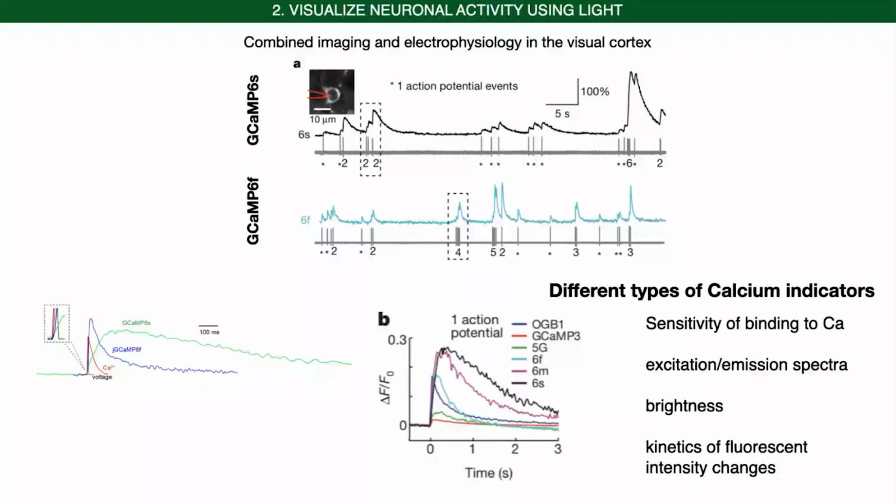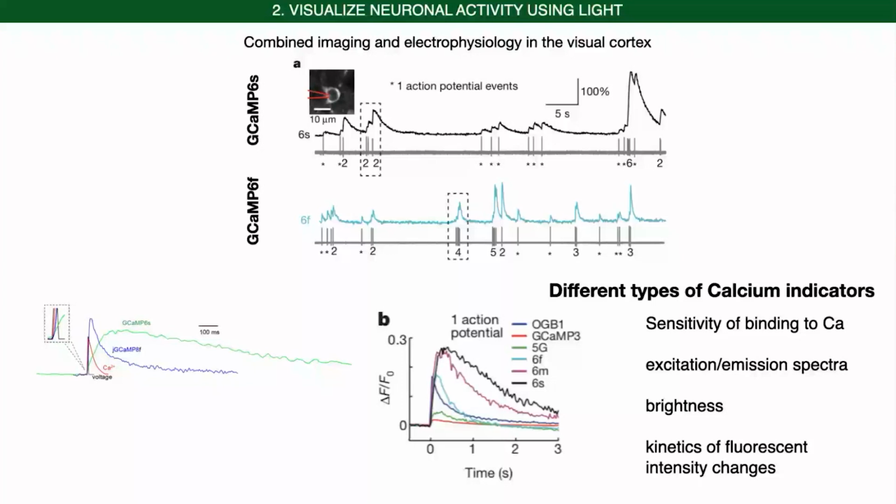So again, this is not a clear response as you can have in the electrical field when you just stick an electrode into the brain. But what you can have is a proxy of neuronal activity. And here you have two examples, which are GCaMP6s and GCaMP6f. And this depends on the kinetics of fluorescent intensity changes.